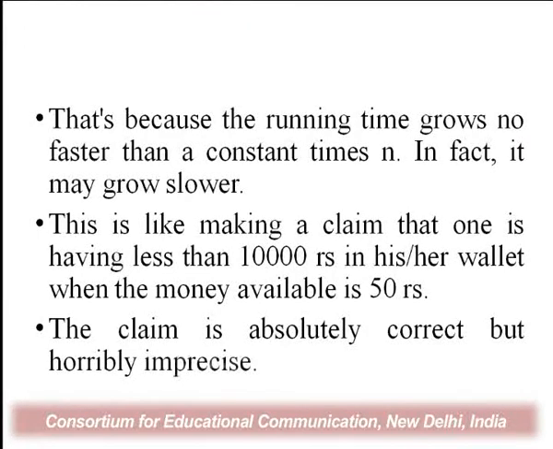This is like making a claim that one is having less than 10,000 rupees in his or her wallet when the money available is 50 rupees only. Money available here is only 50 rupees, but I can say yes, it is less than 10,000, that means I am sure. So 10,000 rupees here comes as a blanket statement that I am having less than 10,000.